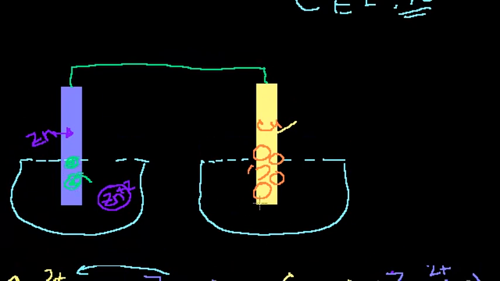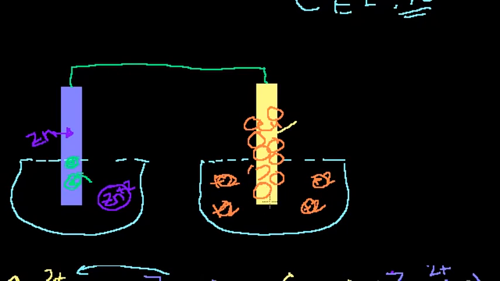Now, I have a lot of copper out here in the solution that really want to jump onto this bar of copper, right? But right now, they're all ions. These are all +2 ions. And they really want to jump onto the bar and join all of these other copper ions here.